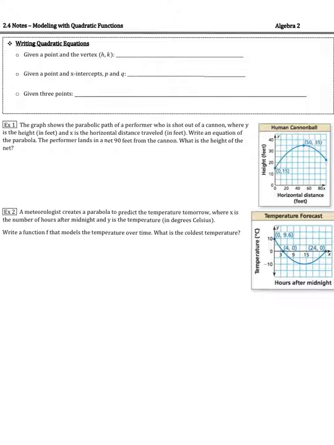So when you are given a point and the vertex, remember your vertex in vertex form is (h, k), you do want to use the vertex form. So remember what your vertex form is: y equals a(x minus h) squared plus k, where (h, k) is your vertex.